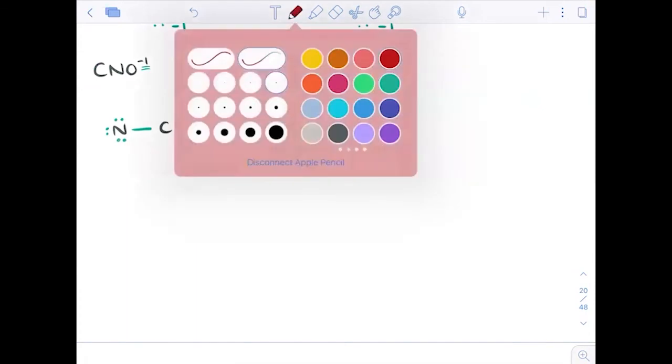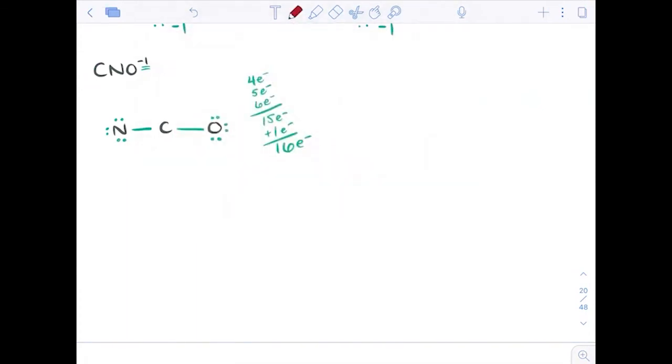Well, I could look first to the octet rule and say carbon doesn't have it, or I could look to formal charges and say this is a -1, this is a +2, and this is a -2. Yeah, -2. I did that right. Math. So when we're looking at this, we know that we have to give some more to carbon.